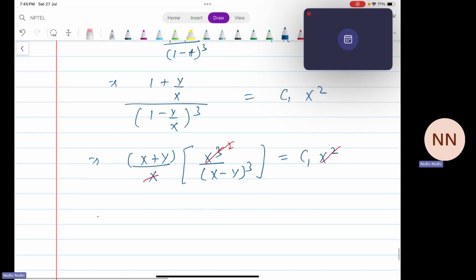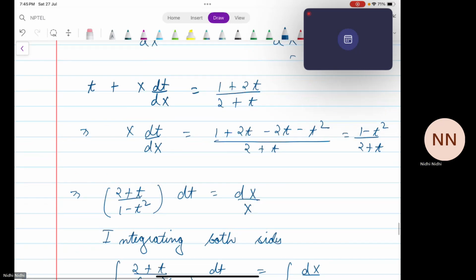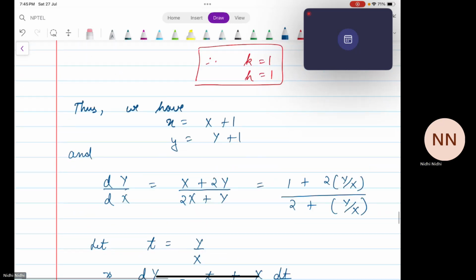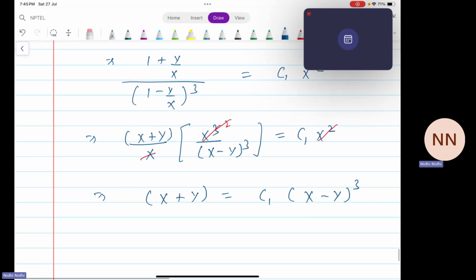So we are left with x plus y is equal to c1 times (x minus y) cube. Now what was the value of capital X and capital Y? Capital X is small x minus 1 and capital Y is small y minus 1. Putting these values in the final solution, we get x plus y minus 2 is equal to C1 times (x minus y) cube.